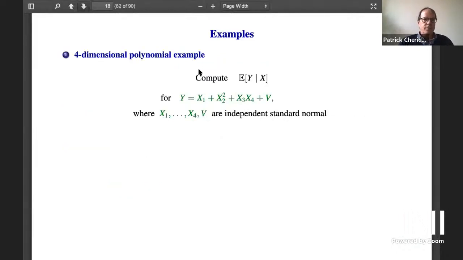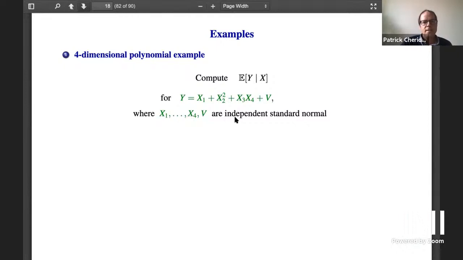Okay, and so let me shortly in the remaining time give you 3 easy examples. So my first example is, and so now this is a bit decoupled from the PDE example, but you can do exactly the same thing for the PDE example. So here I'm doing first a baby example. So I want to compute the conditional expectation of y given x. And I'm going to assume x has 4 components, x1 to x4.